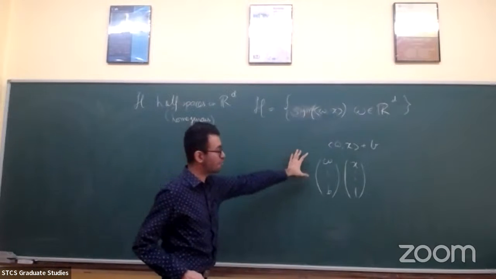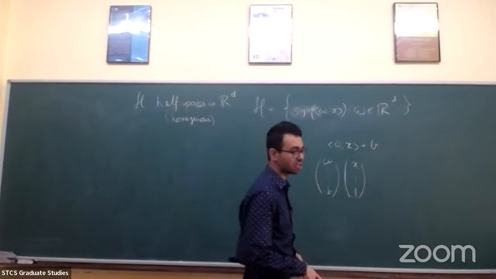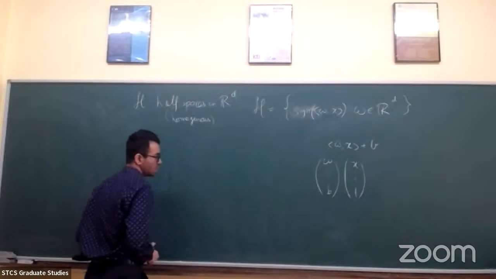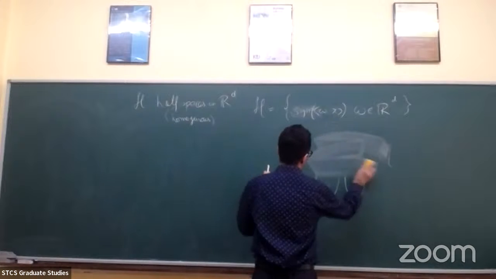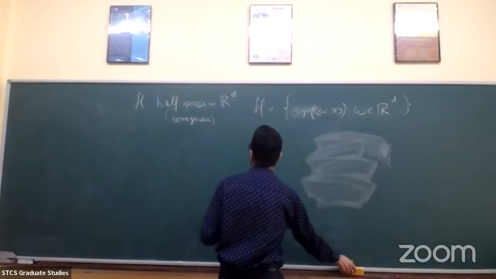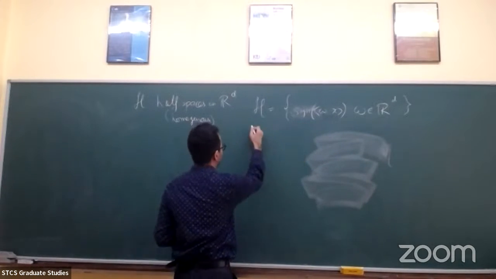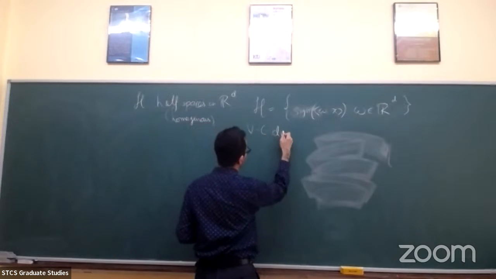Okay, I'm going to just clear that. So why we can remove the bias. Okay, so we just work with these things. And from last class, we remember that the VC dimension of this thing is what?